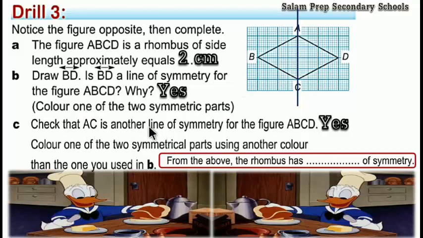AC is another line of symmetry for figure ABCD because triangle ADC is congruent to triangle ABC. From the above, the rhombus has two lines of symmetry.